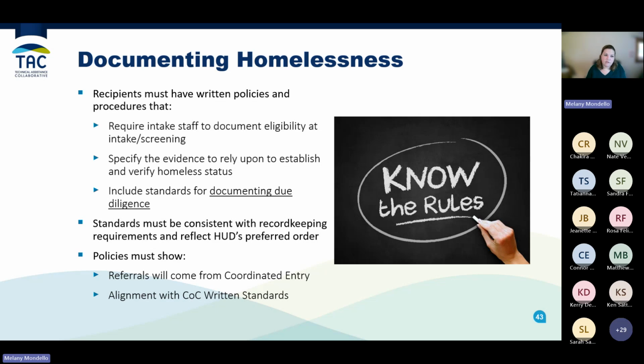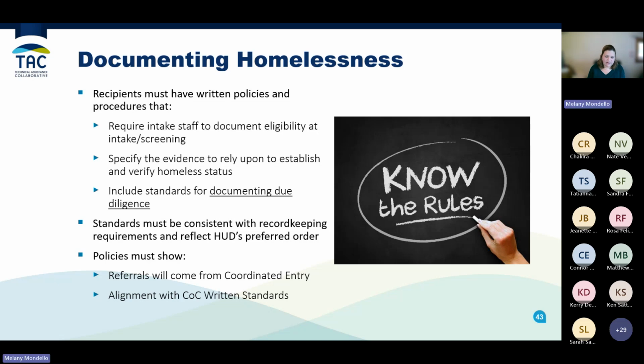The requirements for you as a recipient, someone who has a direct contract with HUD, or a subrecipient, someone who has a contract with someone who has a contract or a block grant from HUD: you have to have written policies and procedures on how you're going to do this.